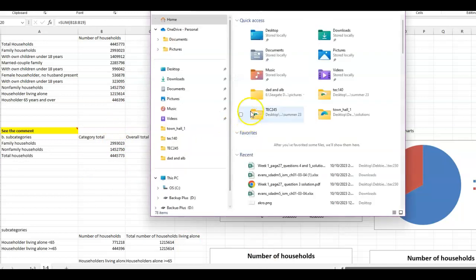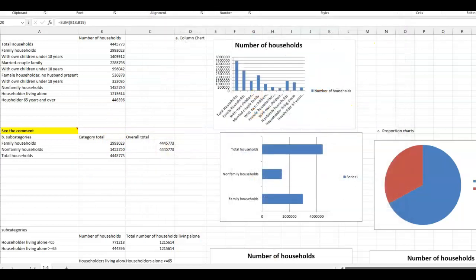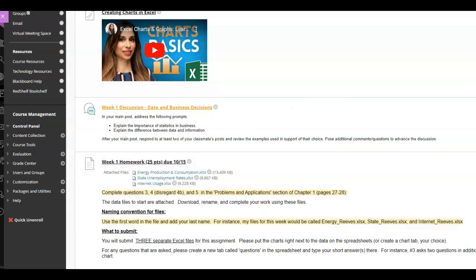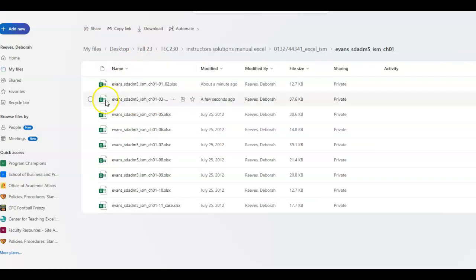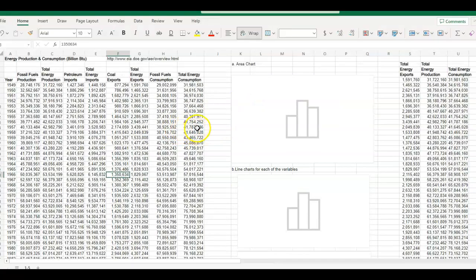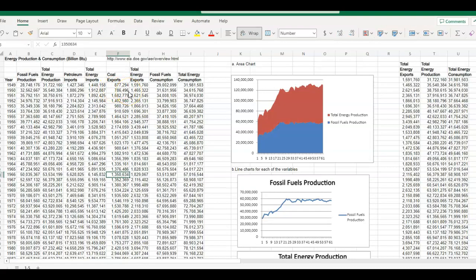Let me take a look at that for you for question 5. Question 5 uses the energy spreadsheet, and you're going to construct an area chart that shows the fossil fuel production as a proportion of total energy production.